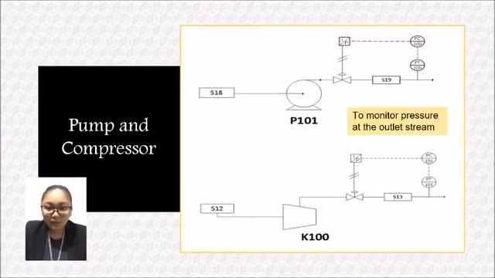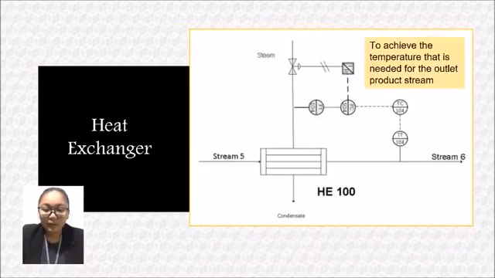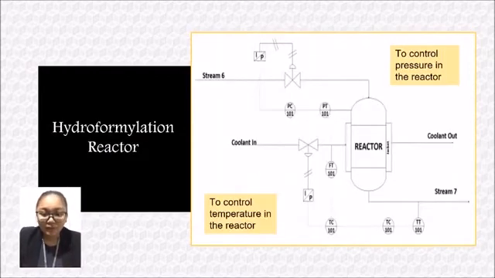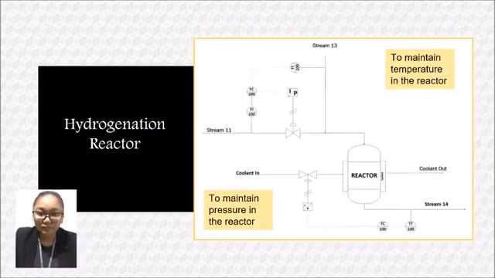In pump and compressor, they have the same objective, which is to monitor the pressure in the outlet stream. For the heat exchanger, the process control is used to achieve the temperature that is needed for the outlet product stream. For the hydroformylation reactor, the upper part is to control the pressure in the reactor, and the lower part is to control the temperature in the reactor.